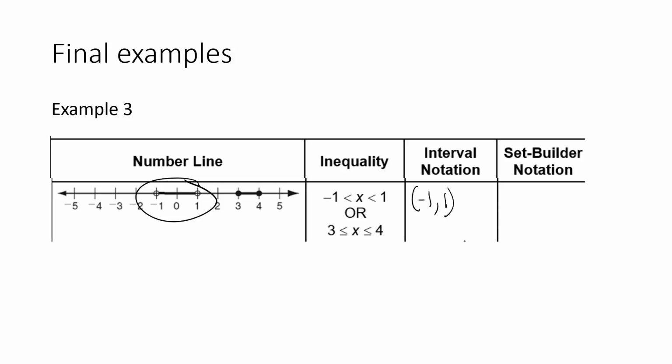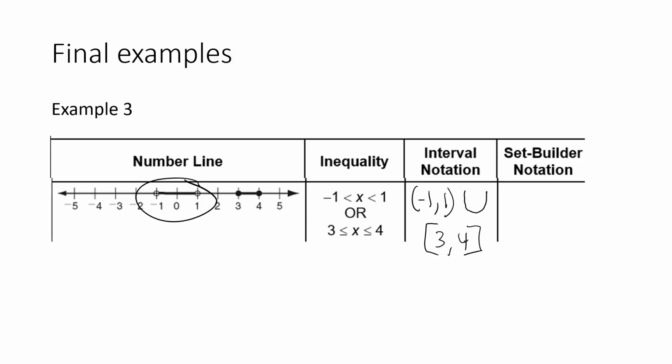But we have another region, so we use that U symbol for union. That translates to or. And the second region is the region between 3 and 4. But we include 3 and 4, so we use square brackets. And that's how we do that.